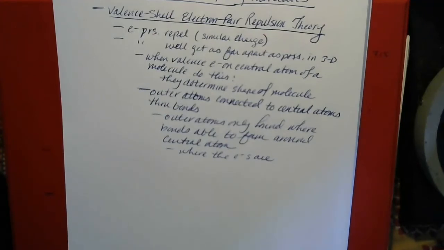On the other hand, if that dictates that a pair of valence electrons will be in a certain area, then that's an area where there could be a bond. And all of this, again, affects the shape of the molecule.